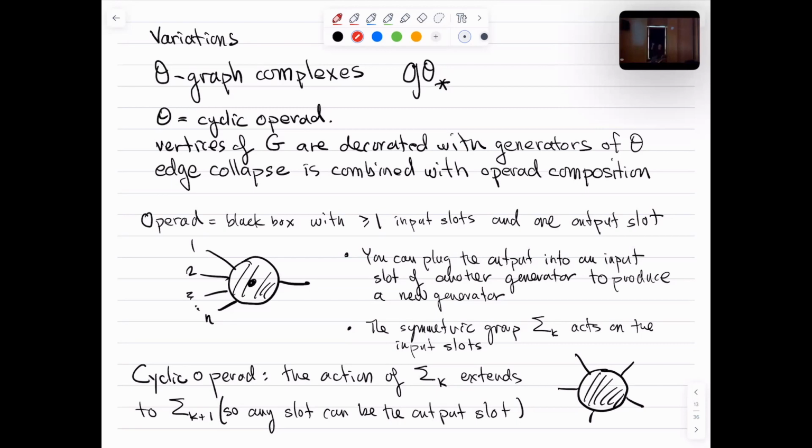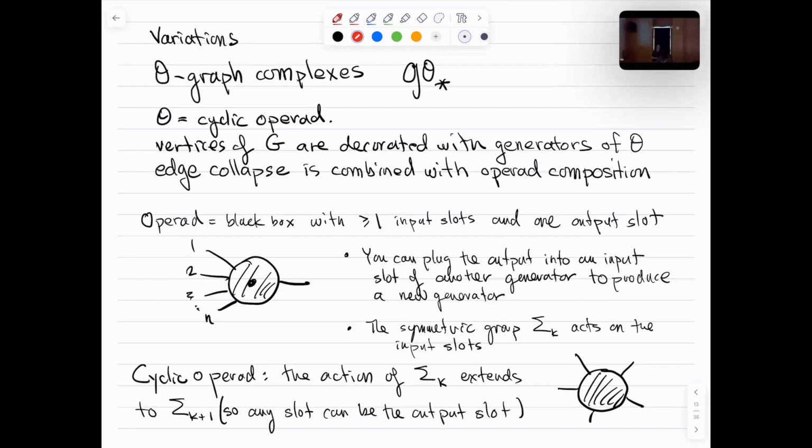That's the operation in the operad, and the symmetric group acts on the input slots. The difference between an operad and a cyclic operad is that the action of the symmetric group on the input slots extends to the whole of Sigma k plus 1, which you can think of as saying that any of these slots could be the output slot.